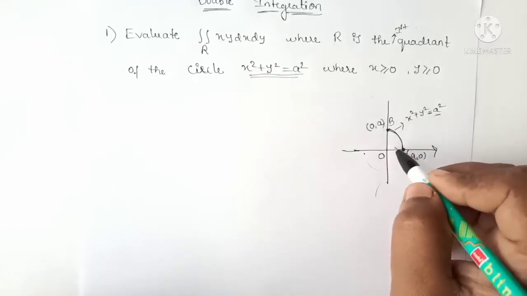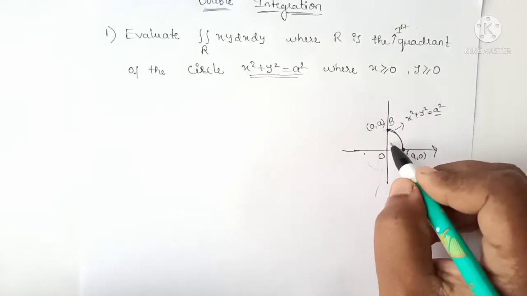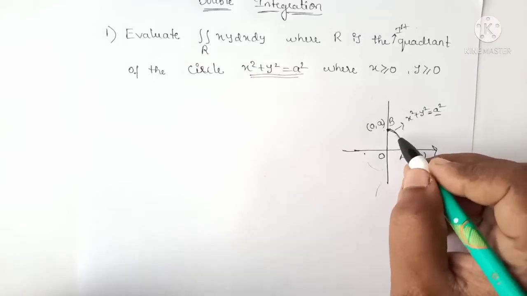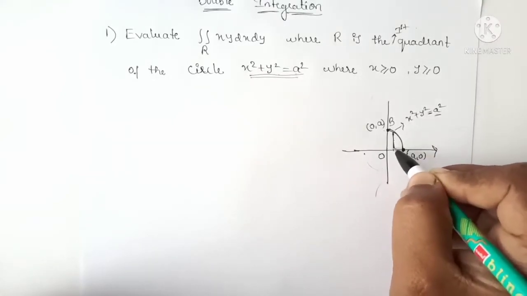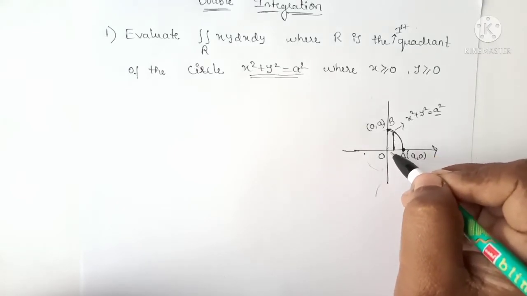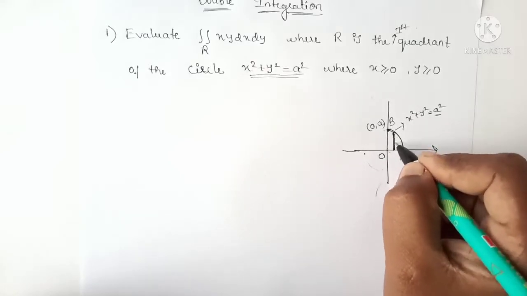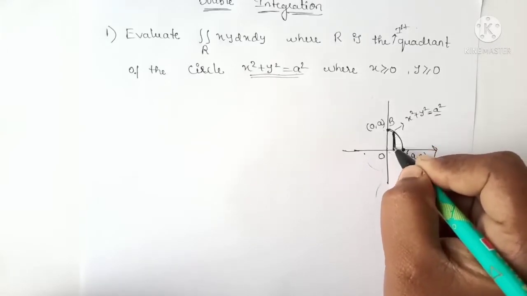Now we can integrate either from bottom to top or left to right, according to your convenience. I will take the strip from bottom to top, from the x axis to the curve, so I will integrate vertically.